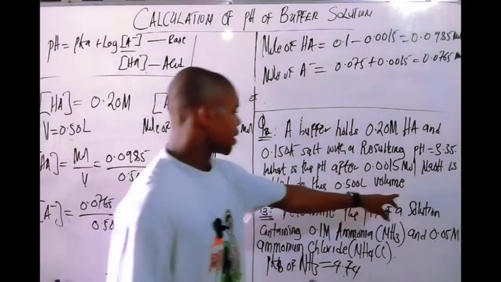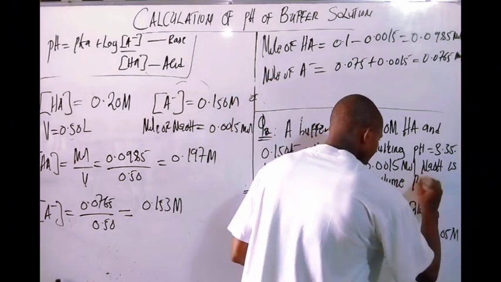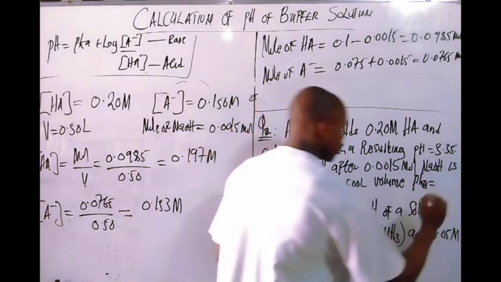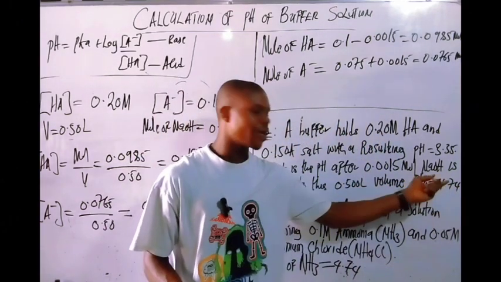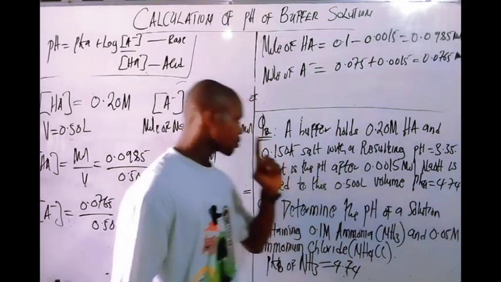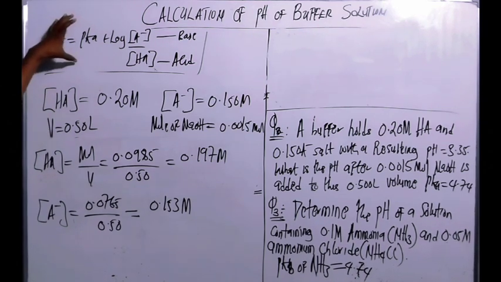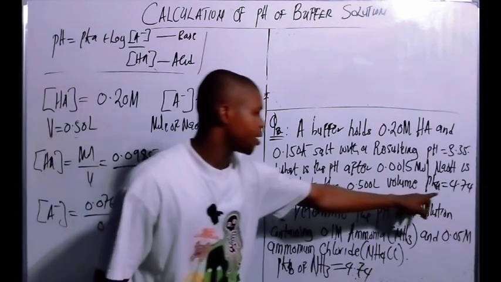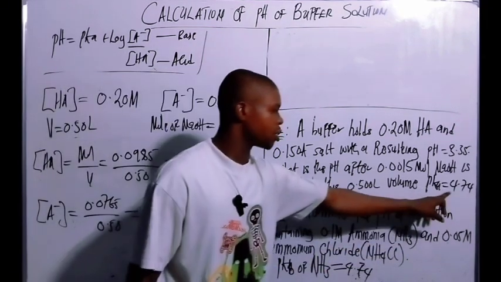Now, there's a problem here. They did give the pKa, which is 4.74. Whenever this kind of question is given to you, the pKa will always be given to you. Since you have gotten this one and this one here, can I use our equation to get our pH? Now, my pKa is already 4.74.